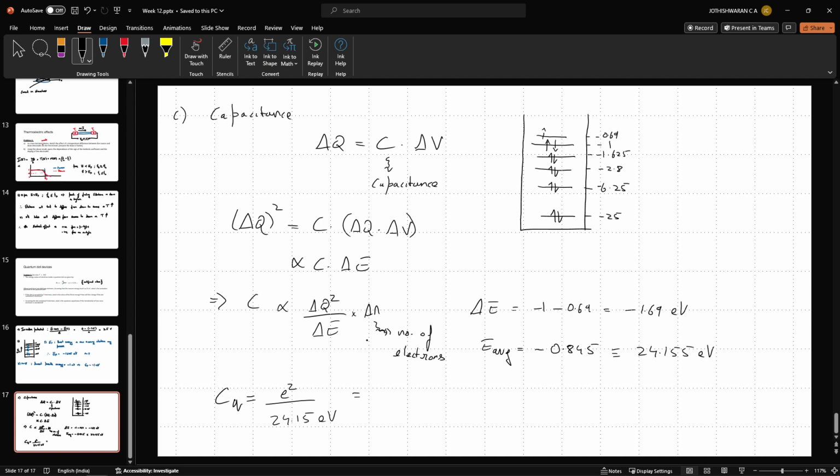So now this is going to give us a quantum capacitance of around... as you can see, the capacitance is going to be very, very small in this case, which again is expected. This is an electron volt, so those things will cancel out.